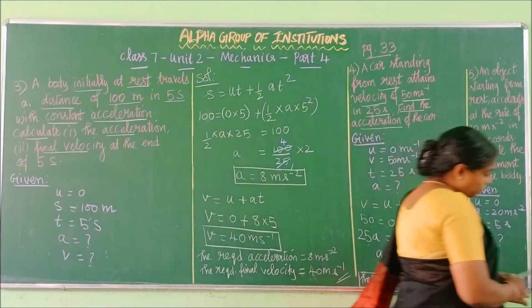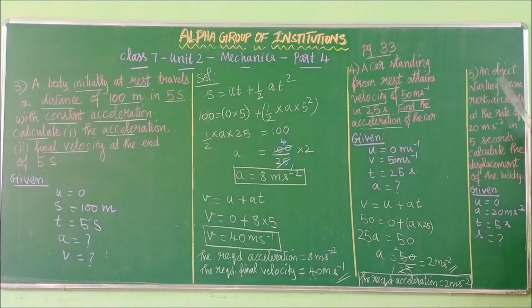Now moving to the fifth sum. An object starting from rest, now your minds have got tuned so that when you are reading the sum itself, the terms should overlap in your mind, accelerates at the rate of 20 meter per second square in 5 seconds. Calculate the displacement of the body. It is also from page 33.